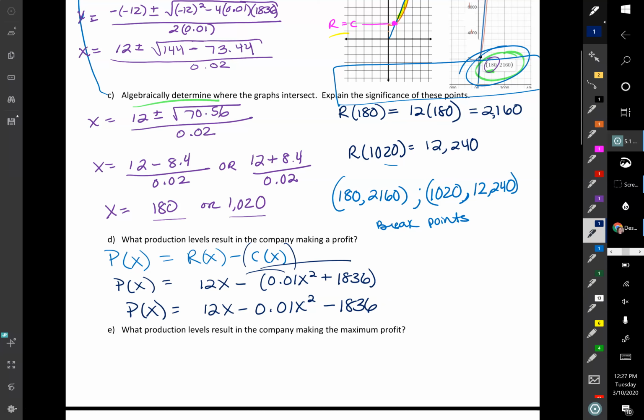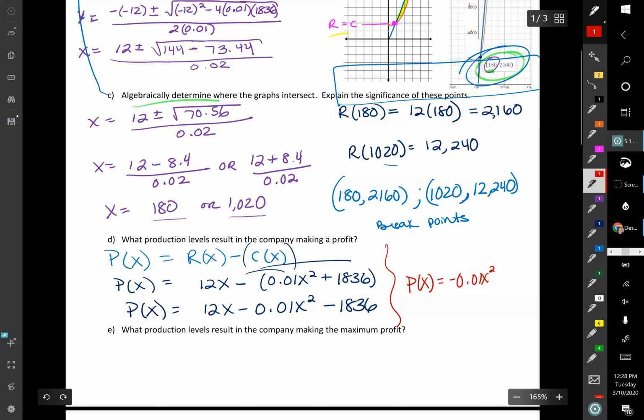If I just rearrange that a little, it'll look a little bit more like a quadratic with the middle term there. So I'm just going to write that here. P of x equals minus 0.01x squared plus 12x minus 1836.